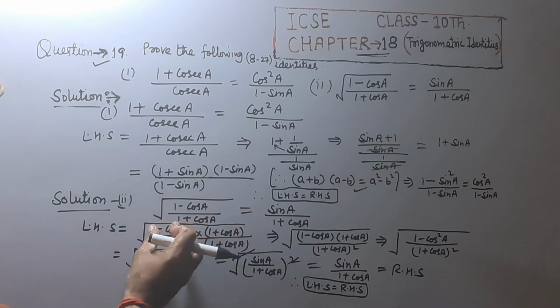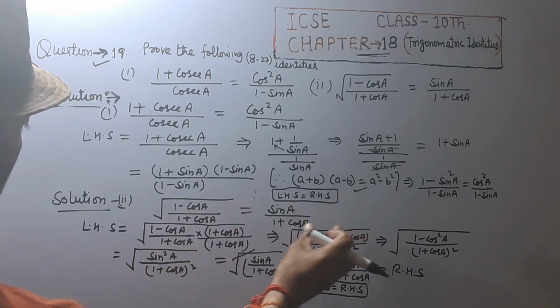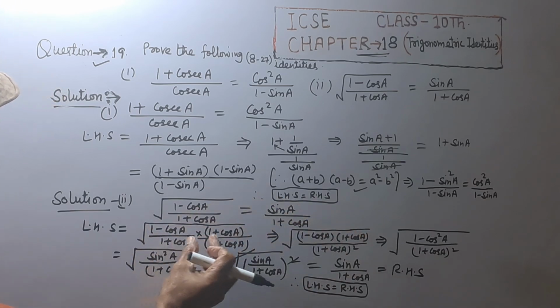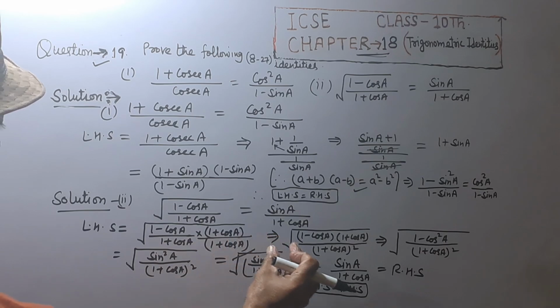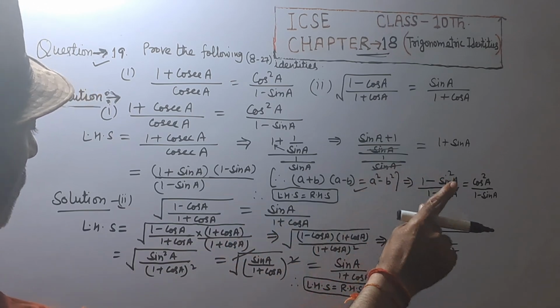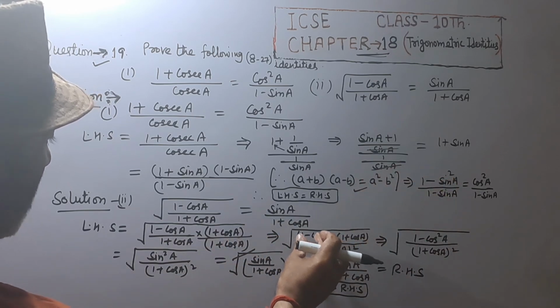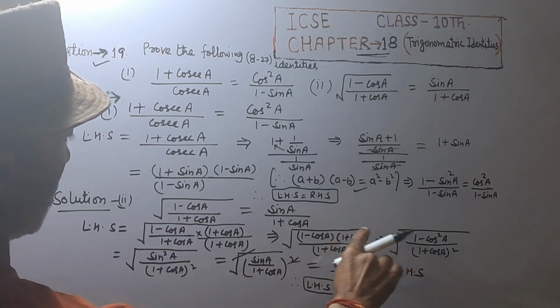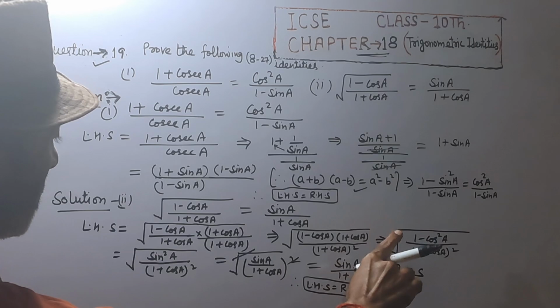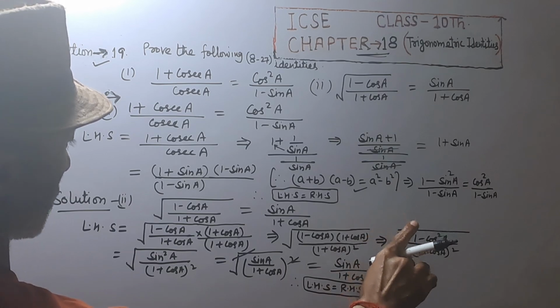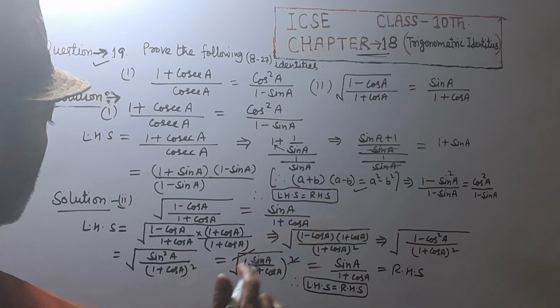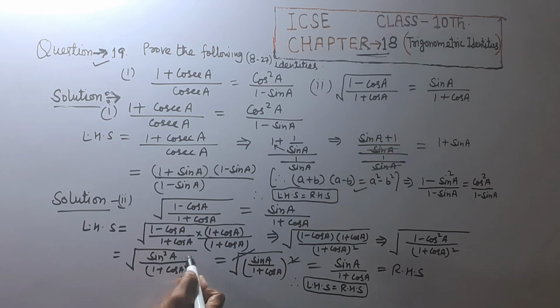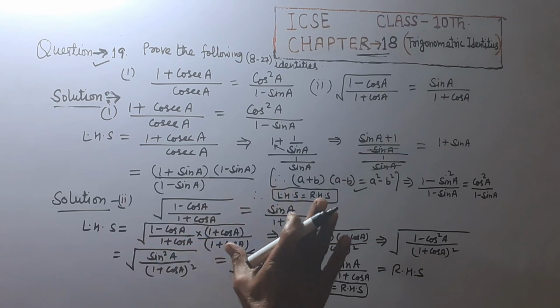A plus B into A minus B in the numerator, and the denominator is A plus B into A plus B, that is equal to A plus B raised to power 2. And 1 minus cos A into 1 plus cos A equal to A square minus B square, 1 minus cos square A. 1 minus cos square A equal to sin square A with root, divided by the denominator as it is, 1 plus cos A raised to power 2.